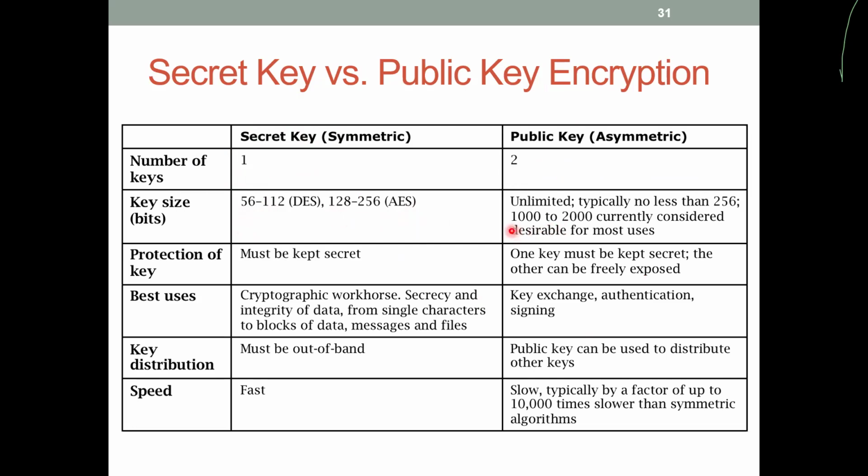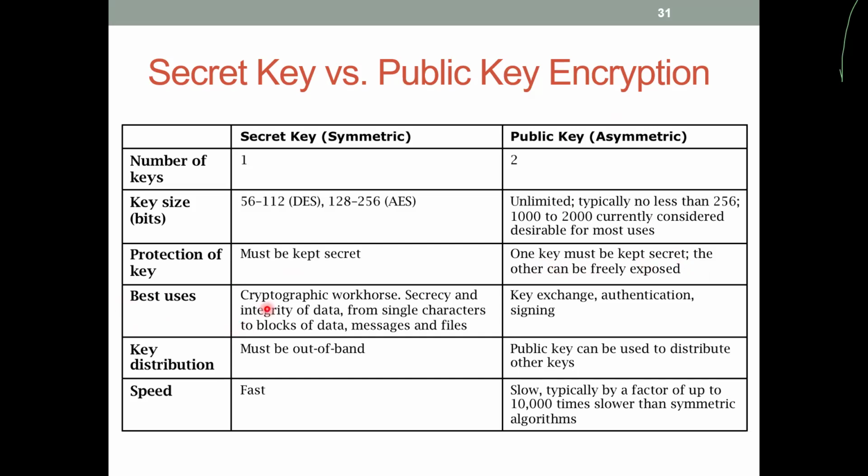For public key encryption it is unlimited. Protection of keys: if you have only one key, you must definitely secure that key. But in public key encryption, you only need to secure the private key. You don't need to worry about the public key, it is publicly available. One key must be kept secret, the other key is freely available for anyone.